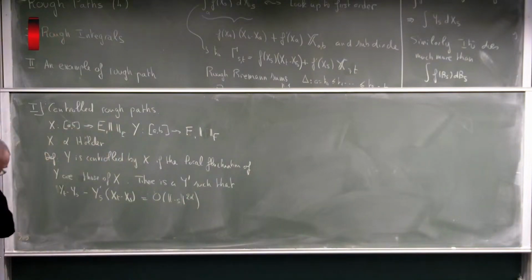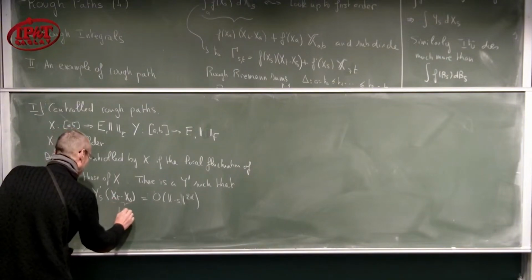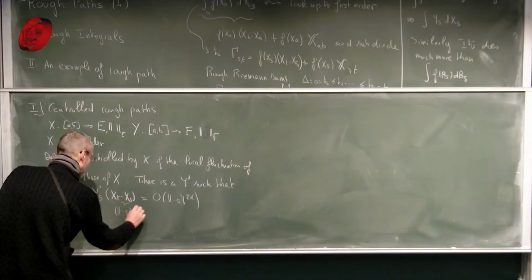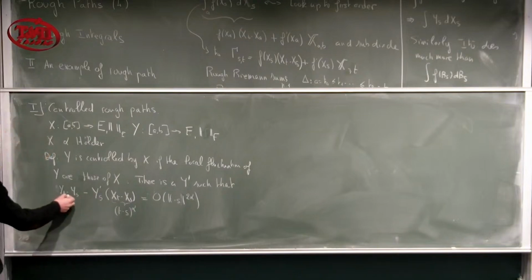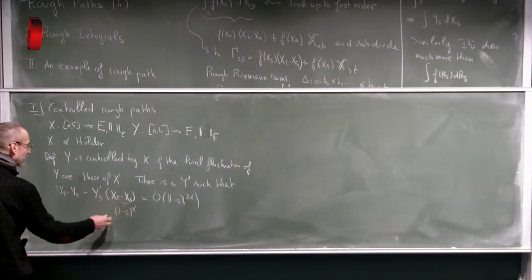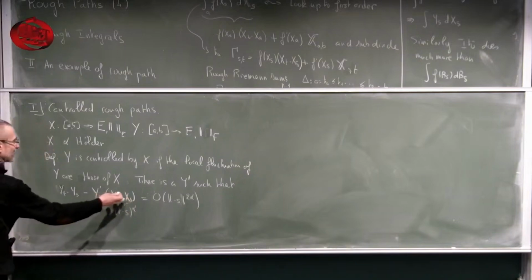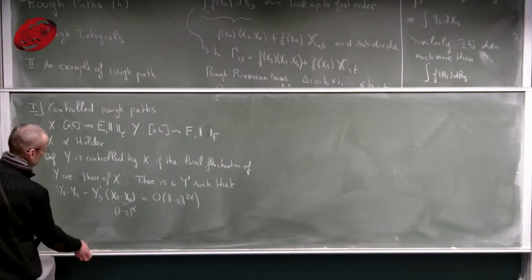Okay. So you see this is of order (t minus s) to the alpha. So this has to be as well of order (t minus s) to the alpha, and because of this structure, indeed, when x_t minus x_s is very small, this one has to be very small.